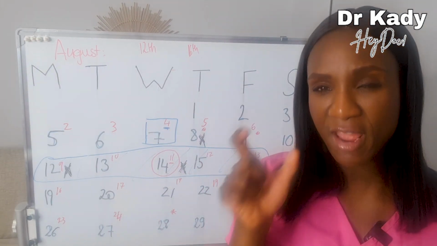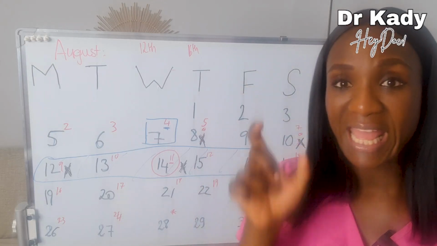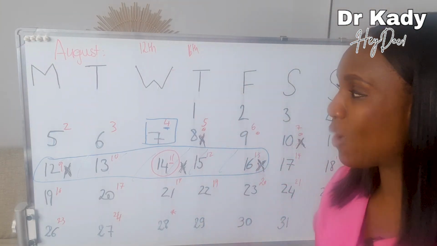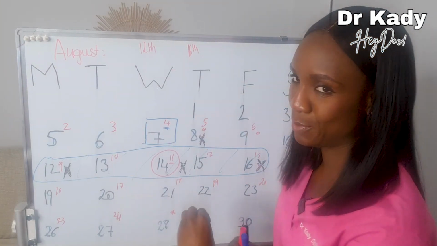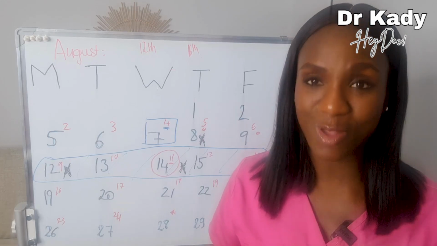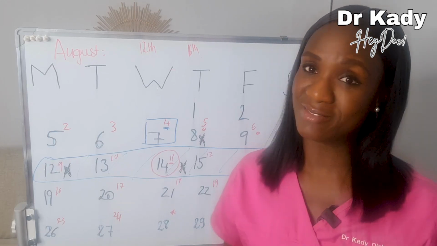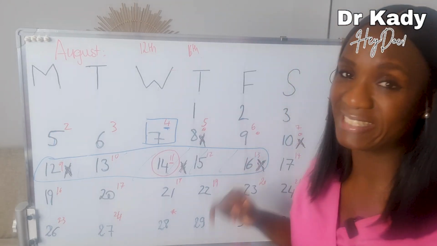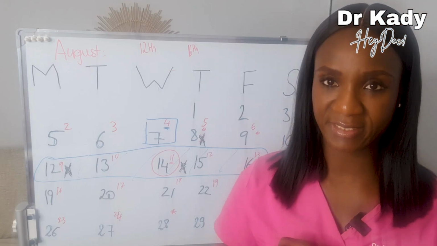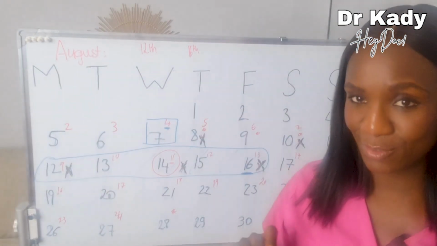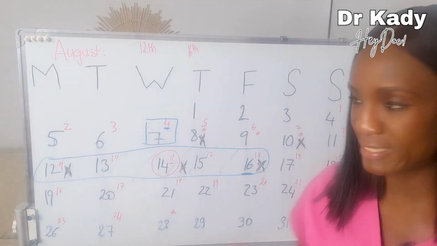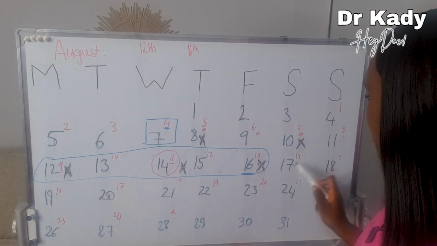Therefore, you have a very short window once the egg is released for a sperm cell to be available. If a sperm cell is not available, you will have sex after the egg has died and you will not fall pregnant.